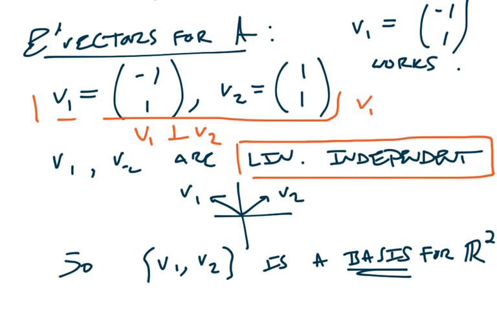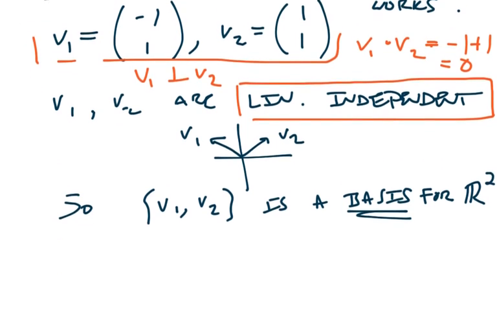If you dot them to check this, technically you get -1 plus 1, which is 0. So these are orthogonal. They are at the most linearly independent that two vectors can possibly be. And this is interesting. Let me tell you why.